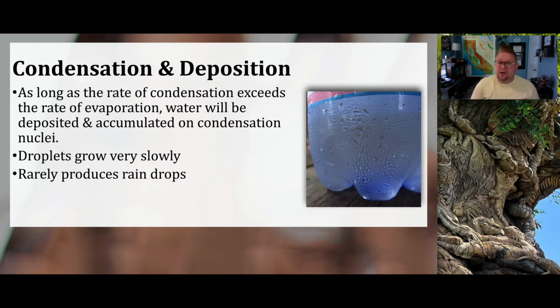Now, condensation and deposition can be observed just like this diagram on the side. In fact, I'm drinking a little drink here. It's my little energy mineral thing, and you can see there's water droplets on the outside. And often we think, oh my gosh, my cup is leaking, but it's not. What's actually happening in this case is that the contents inside the container with the ice and the drink are cooler than the surrounding air on the outside of this container.